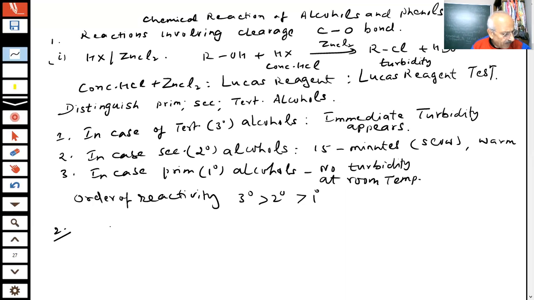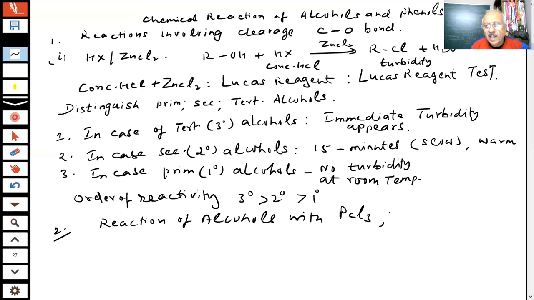Further, we have already done in the chapter on alkyl halide or haloalkane preparation the reaction of alcohols with phosphorus trihalides, and also you have seen the reaction with thionyl chloride and PCl5.